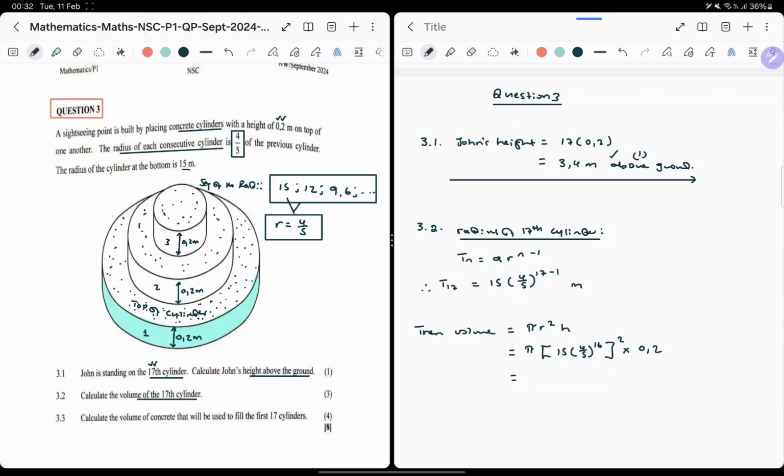Now all we do is press shift pi, open bracket, 15 times 4/5 to the exponent 16, close this and then square it, and then multiply this by 0.2. So the calculator can handle this. It gives us that the volume, to 2 decimal places, is 11 meters cubed.